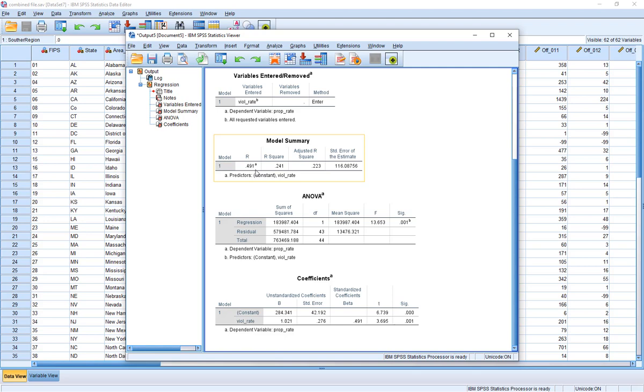Now, the R squared is actually an important value for us to understand. An R squared is literally squaring the Pearson's R. So if you were to multiply 0.491 times 0.491, you're going to get a value of 0.241. And what it's actually telling us is a proportion between 0 and 1.